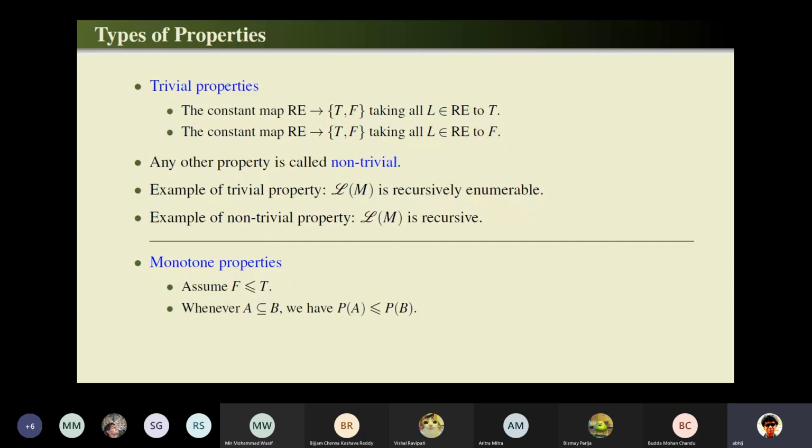Here are two examples. Being infinite is a monotone property, because if an RE set is already infinite, any other RE set containing that infinite language will have to be infinite.